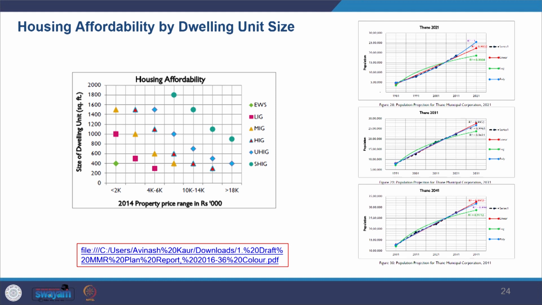They show how the population will increase using 3 methods. The red line indicates the linear method, the green line is done by the log method, and then you have a poly method here. All 3 methods have been used to indicate the projection.